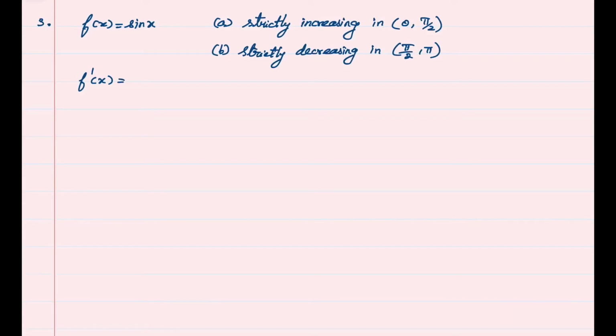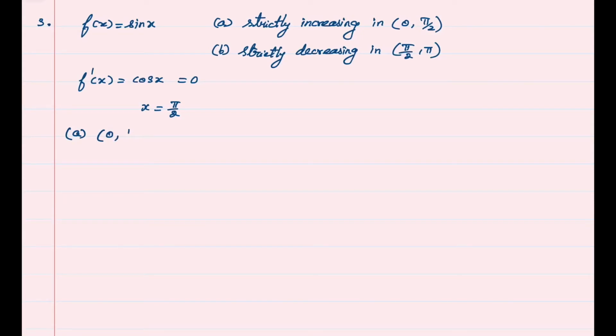Derivative of sin x is cos x, and we have to find the critical points by equating f'(x) to 0, and we don't have a not defined case for cosine function, and cos x takes the value 0 at pi/2 and 3pi/2, but 3pi/2 we don't have in these two intervals, so x is pi/2. Now the first subdivision, the given interval is open interval (0, pi/2).